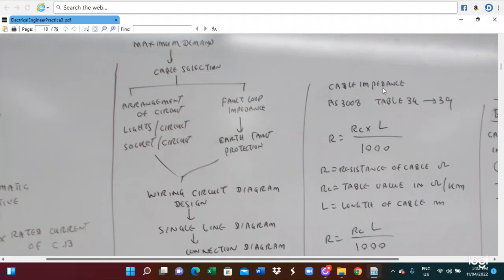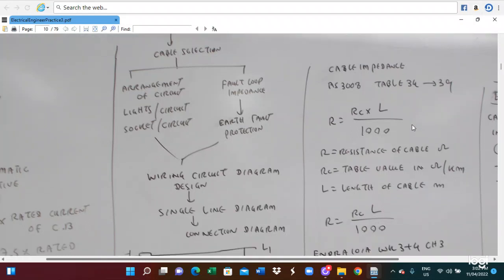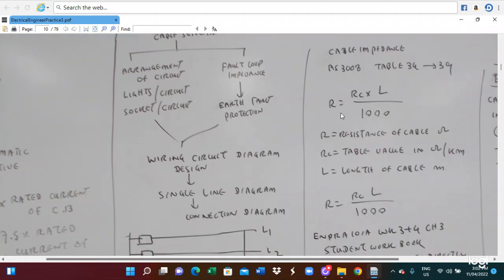When you use a cable, depending on the cable impedance, we have to follow ES3008, tables 34 to 39, and we can calculate the cable impedance. The basic equation is R equals RC times L divided by 1000. R is the resistance of the cable in ohms.